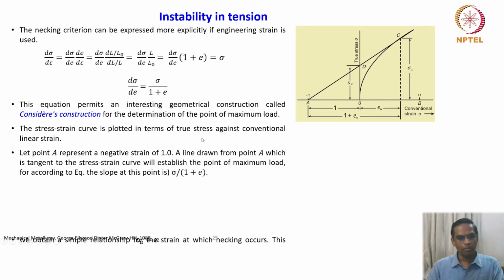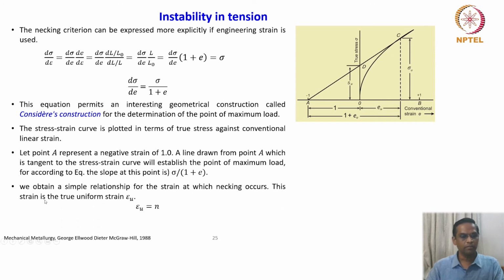Okay, so another important relation we can get. We can obtain a simple relationship for a strain at which necking occurs. This strain is true uniform strain. If you recall, I just mentioned in the previous lecture that we just looked at discussing the strain hardening experiments, an expression something close to this, dσ/dε is equal to n times sigma by epsilon.